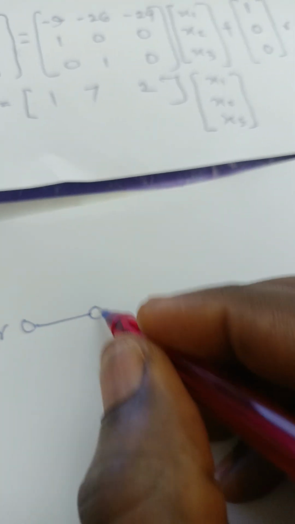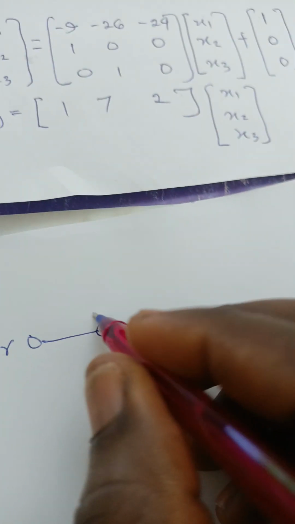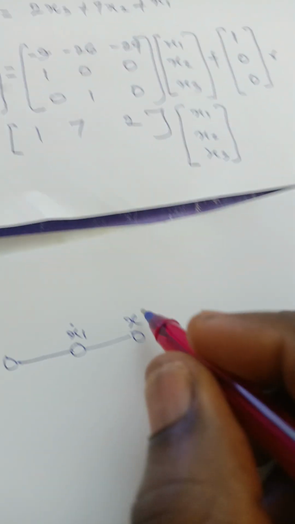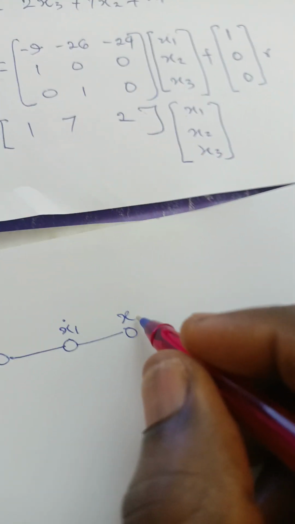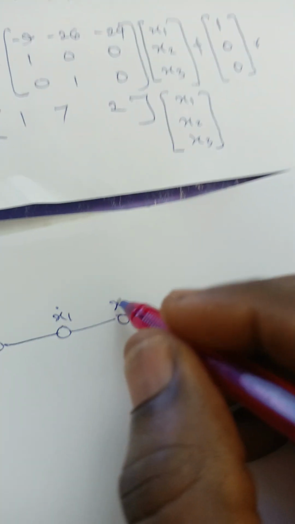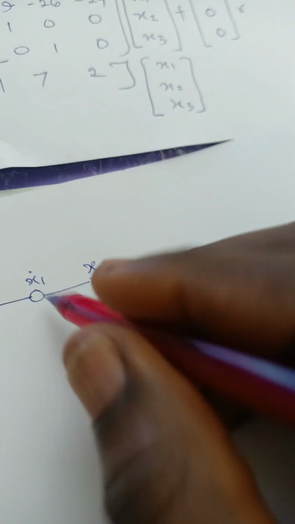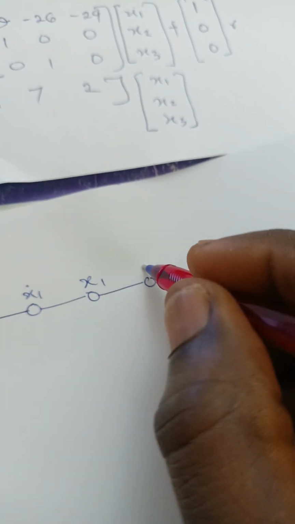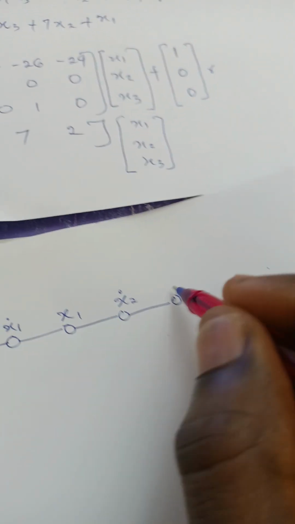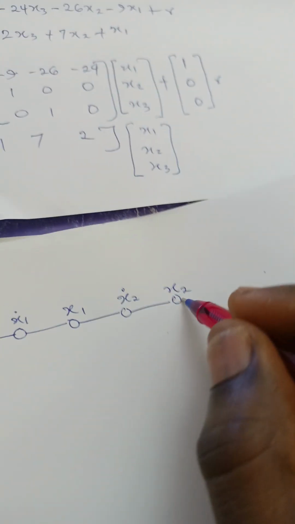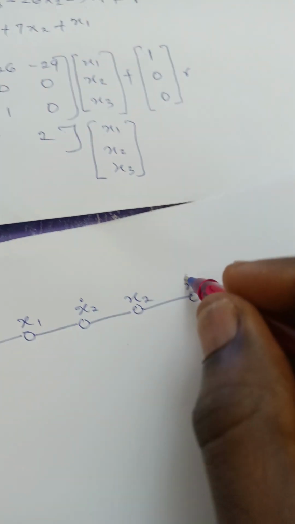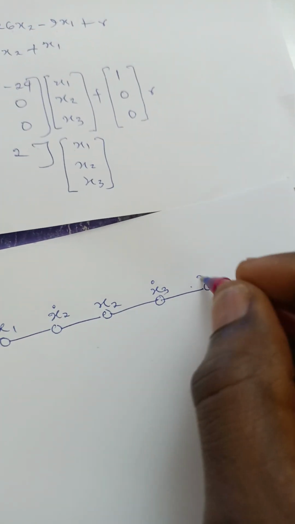R will go to x1 dots, and this will be x1. Then we have x2 dots, and this will be x2. Then we have x3 dots, and this will be x3.